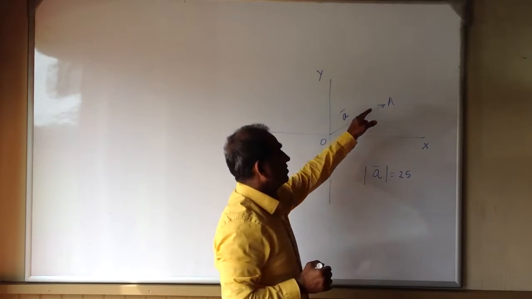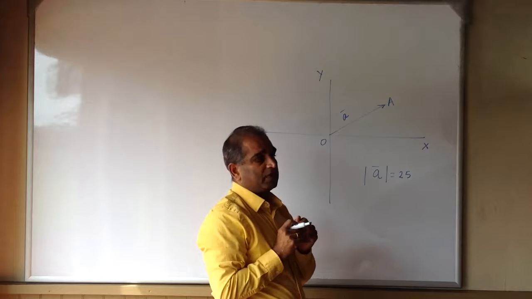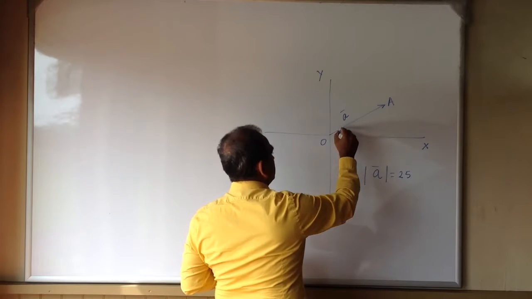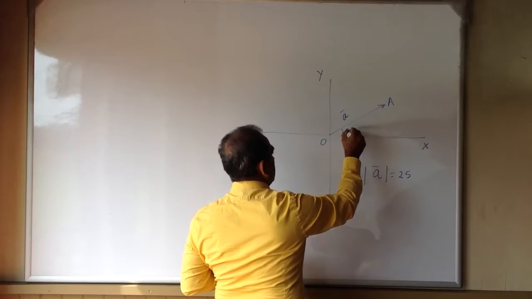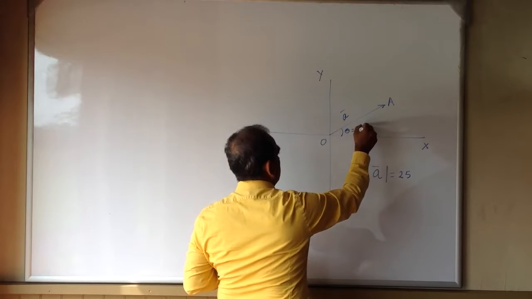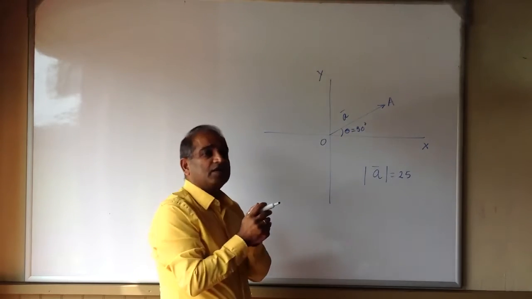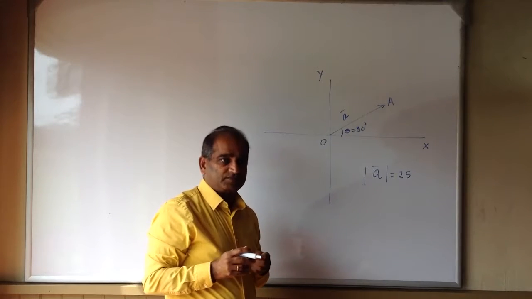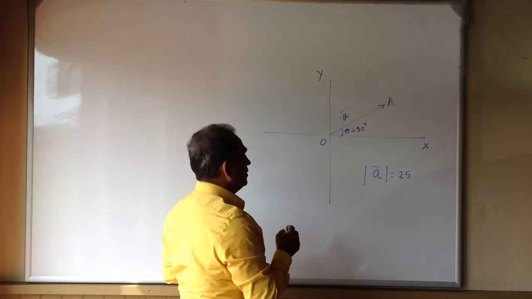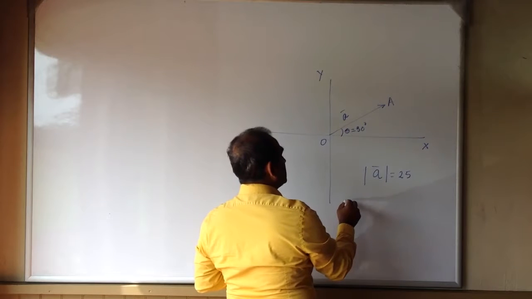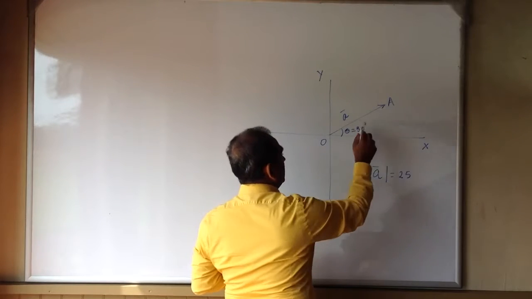So the length of this one is some 25 units. Now let's say that it makes an angle theta equal to 30 degrees with the x-axis. Now I want to know the components of this vector. What I have to do is simply take the x component in the direction here.